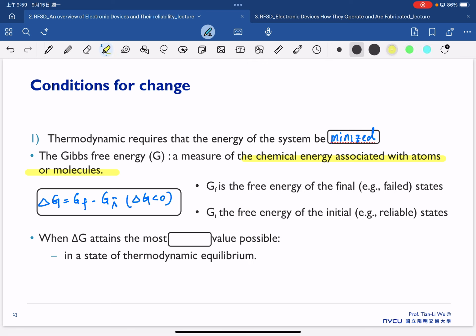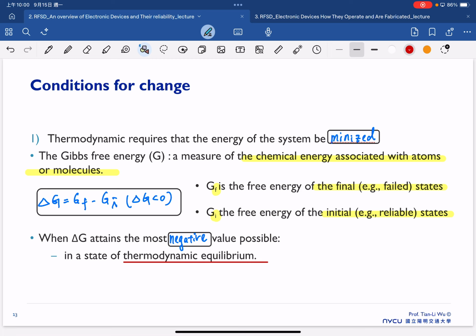GF is the free energy of the final state, or failed state, and GI is the initial or reliable state. And the delta G would like to achieve the most negative value possible. That's the case where we can achieve the state that we call a thermodynamic equilibrium.